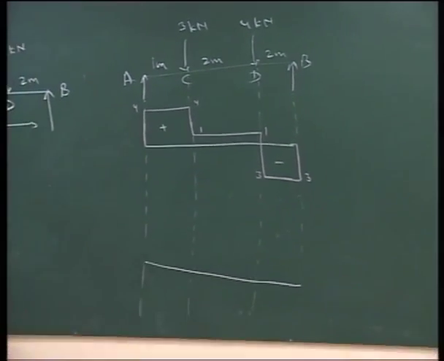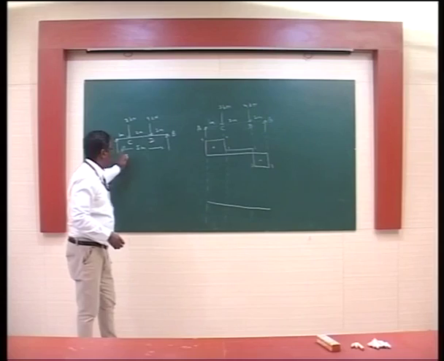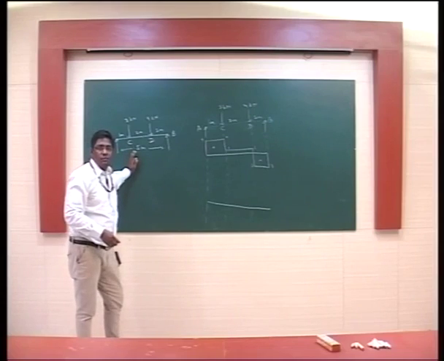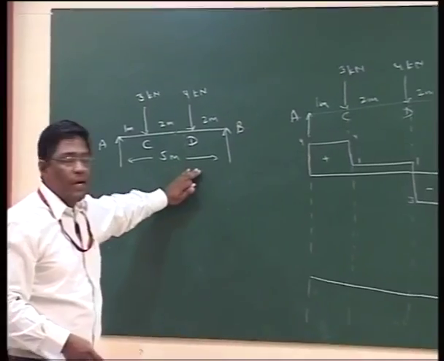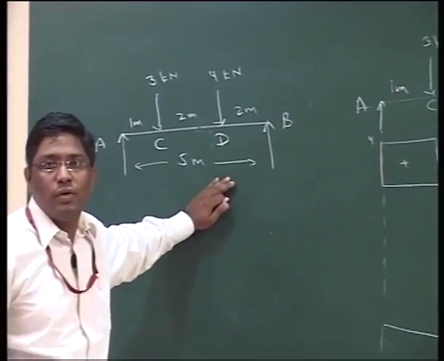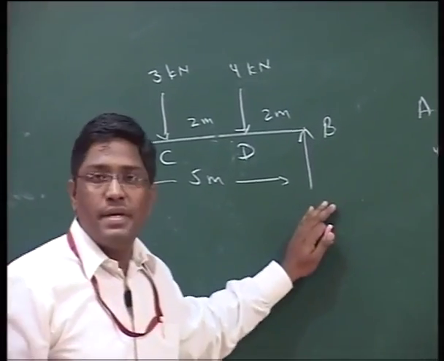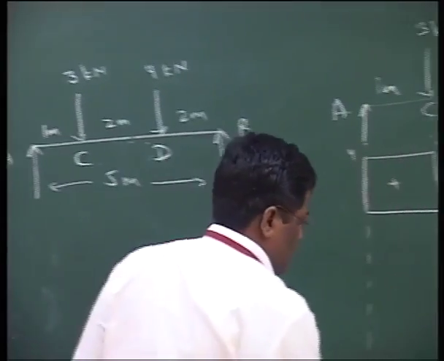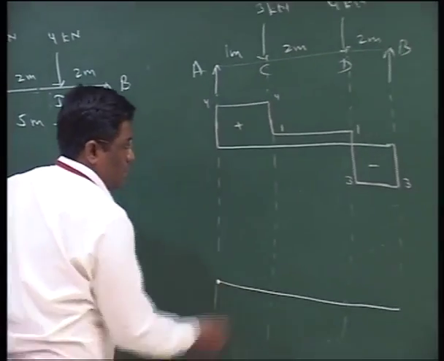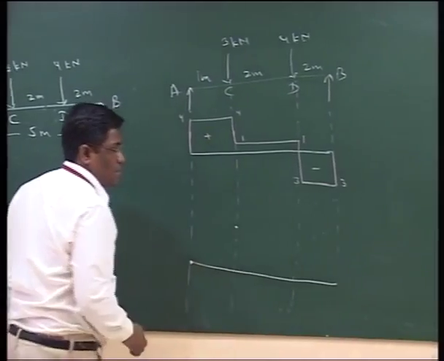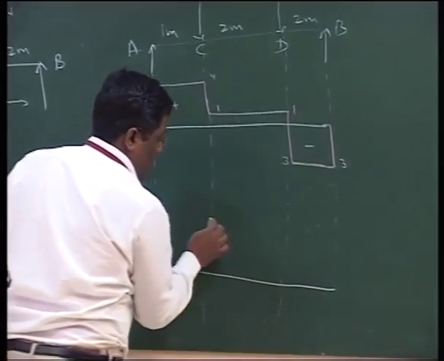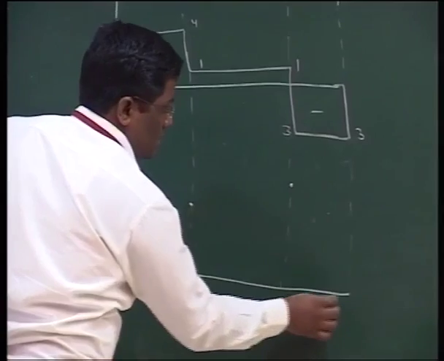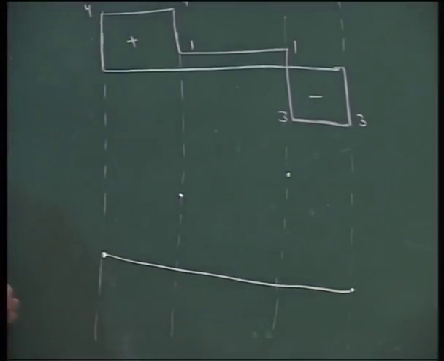Now let me draw the bending moment diagram here. We have 4 values. MA is equal to 0, M at C is equal to plus 4 kN into meter, M at D is plus 6 kN into meter, and M at B is once again 0. So first of all, MA is 0, then MC is plus 4, MD is plus 6, and once again 0.